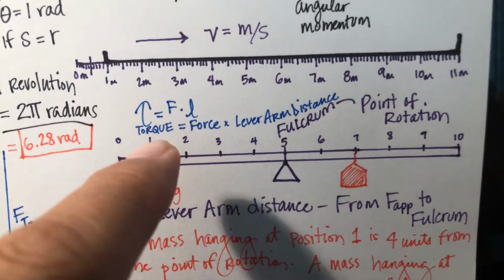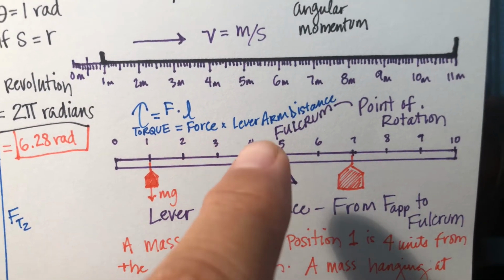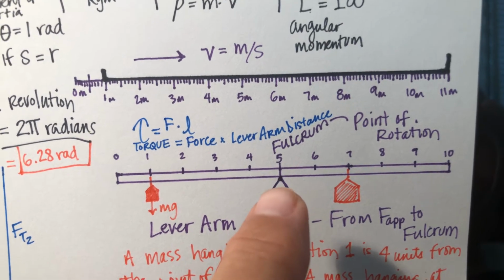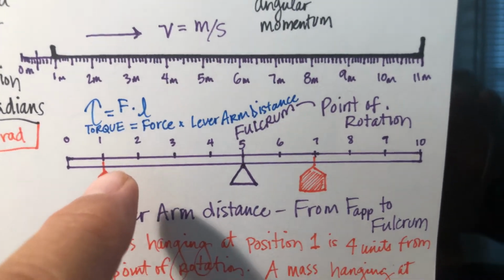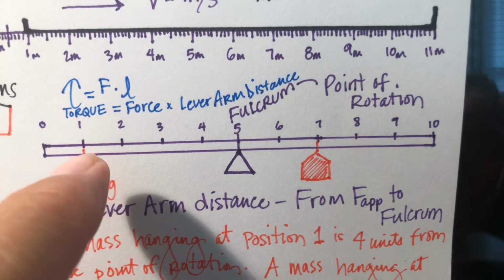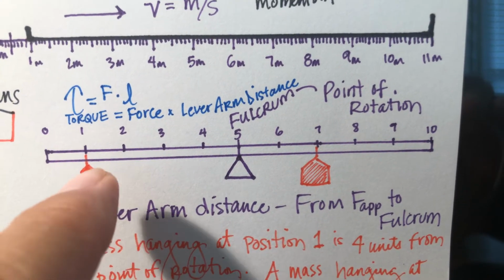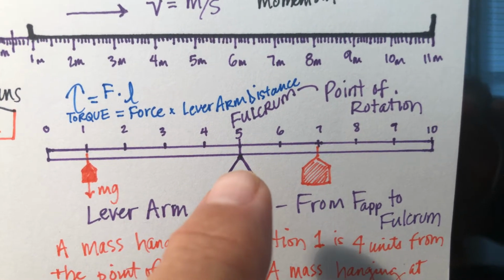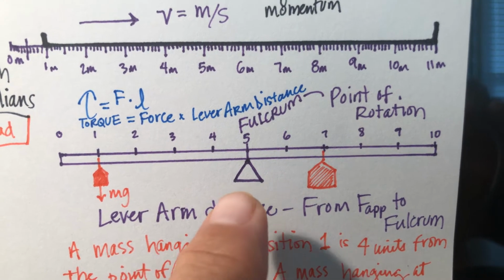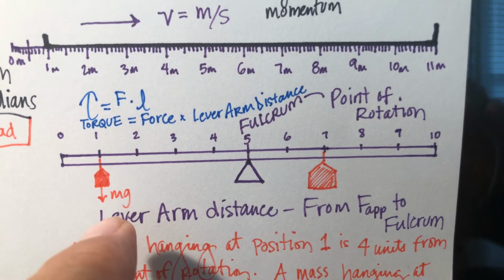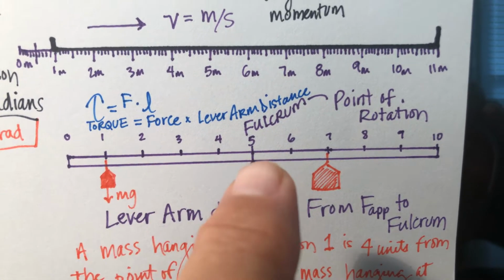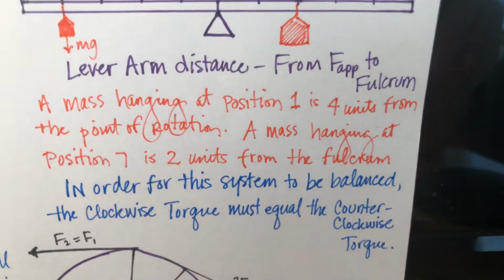Okay, torque is equal to force times lever arm distance. The fulcrum is the point of rotation, so the lever arm distance is determined by the distance from where the force is applied to the point of rotation. The point of rotation in this case is at 5. The force, mg, is at 1, so it's 4 units from it.